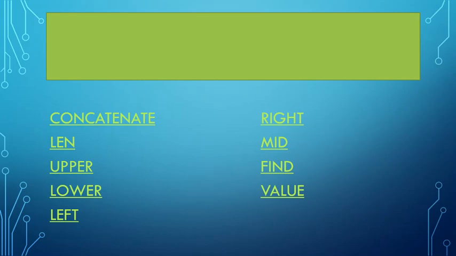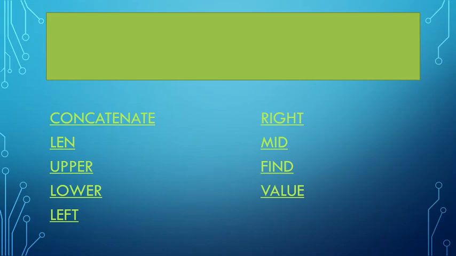The mid function will copy text out of the middle of a specified text. The find function will find a value or a specific part, we call it the substring, of the text in a larger text. And then we have the value function, which converts a text into a number.